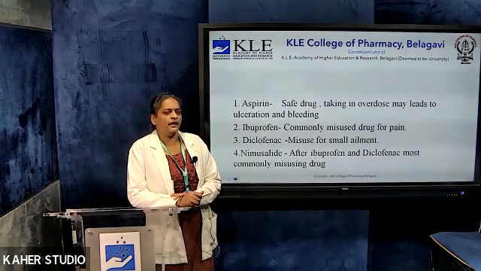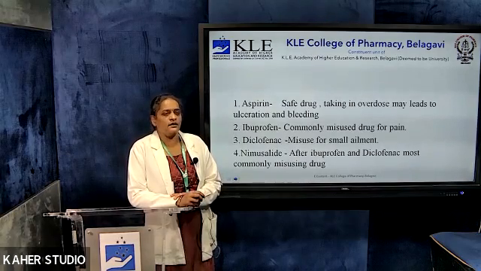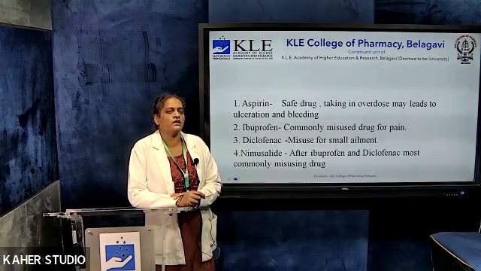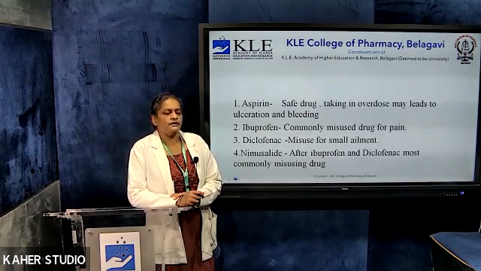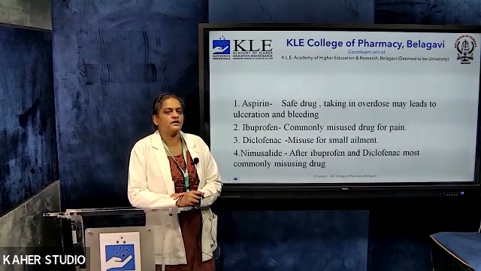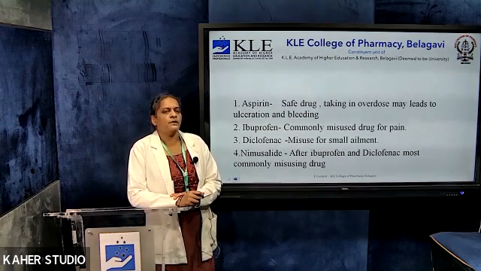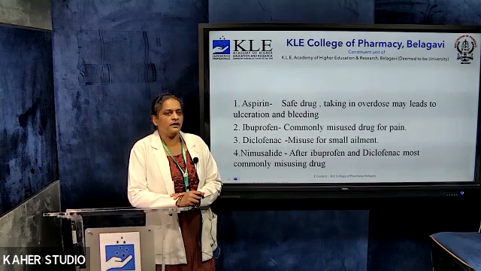Antipyretic drugs, antidiarrheal drugs, and some antibiotics can also be over-the-counter drugs. So we should monitor them carefully. We think these drugs are safer, but over-the-counter and non-prescription drugs can be most dangerous. Ibuprofen is a commonly misused drug for pain.